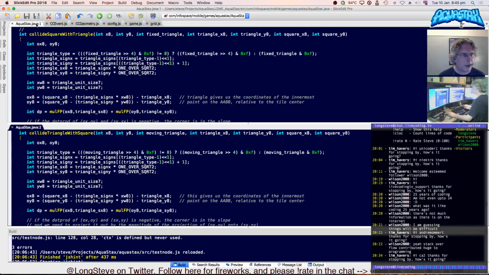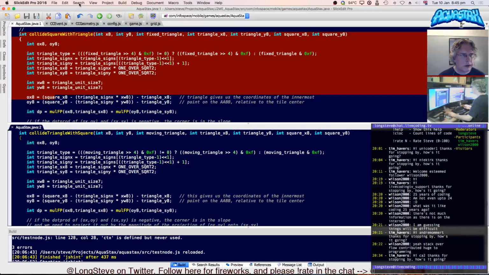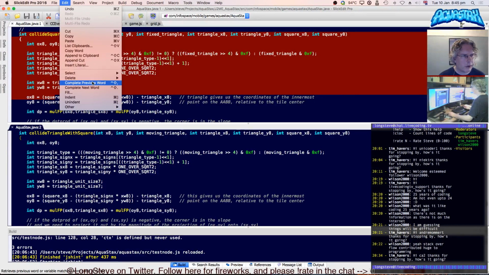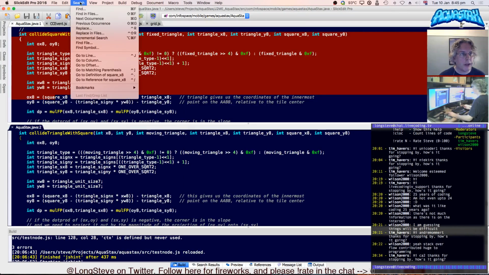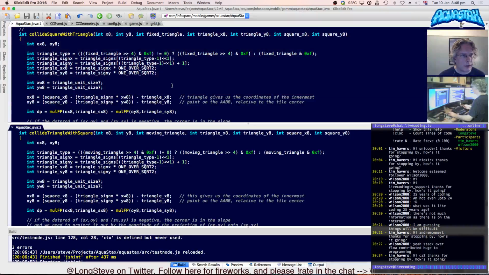I don't suppose there's an edit, select, other, lowercase, compare. Now, if SlickEdit had a compare selection, that'd be rather cool, wouldn't it? It doesn't. We'll see if we get anywhere before running out of time by just staring at it with my eyes.